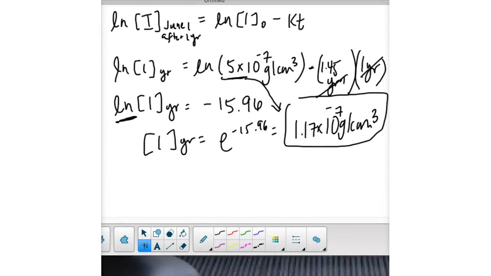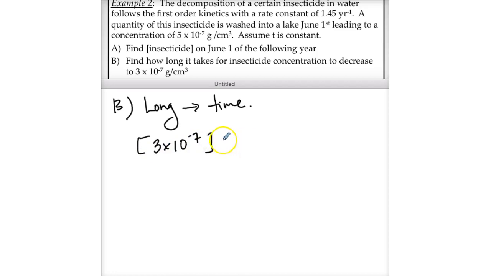For part B, it's a separate problem. Go ahead and try it on your own, and then continue here. So for part B, it says how long does it take? So how long implies time. Okay, and it says how long does it take for the insecticide concentration to drop to 3 times 10 to the negative 7 power grams per centimeter cubed.